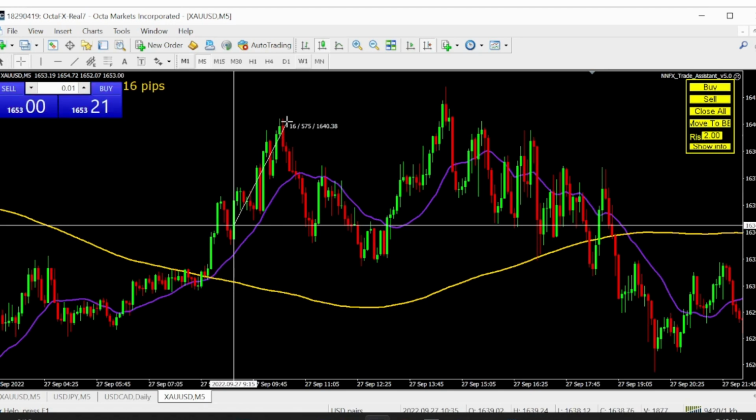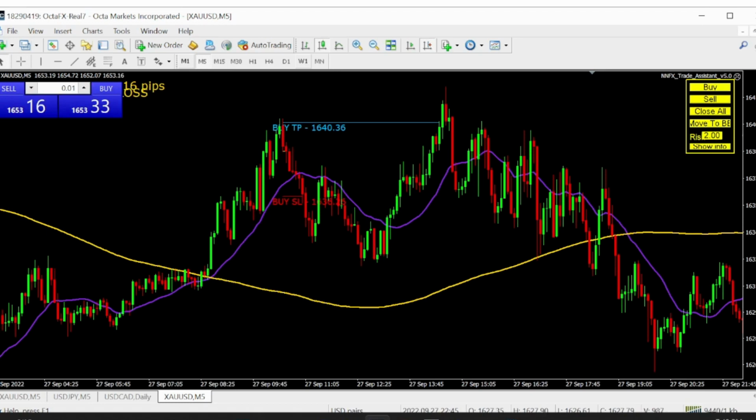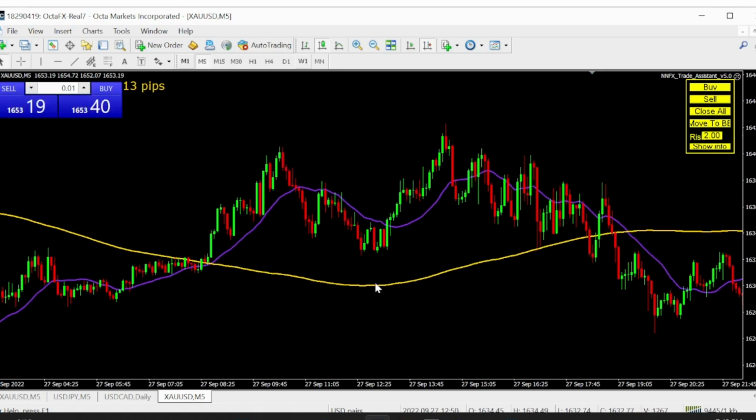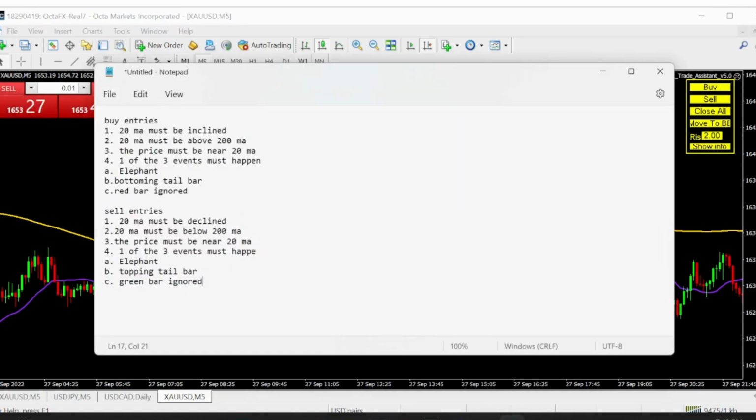This strategy is very powerful, but you just have to keep in mind that you follow the rules very religiously. You do not compromise on any of the rules I have mentioned here. You practice on the demo.